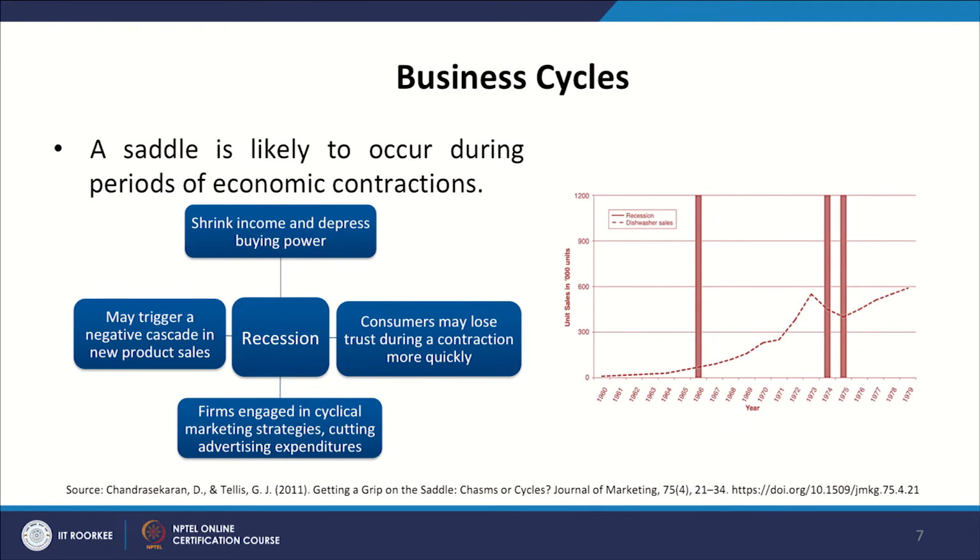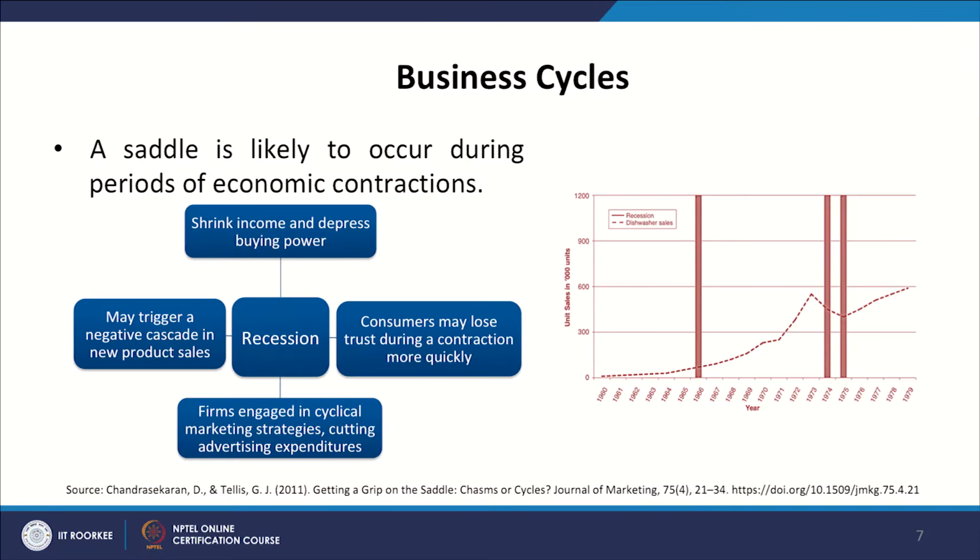Recession is at the core, the recessionary phase is going on. Then the other element is that consumers may lose trust more quickly during a contraction. Another element is firms engaged in cyclical marketing strategies, cutting advertising expenditures and so on.